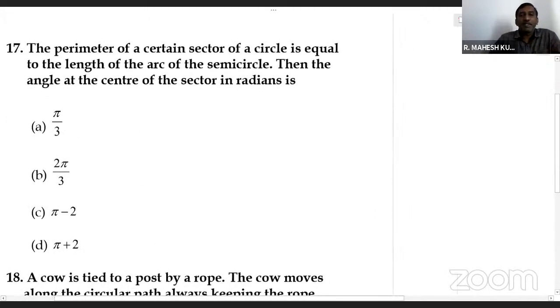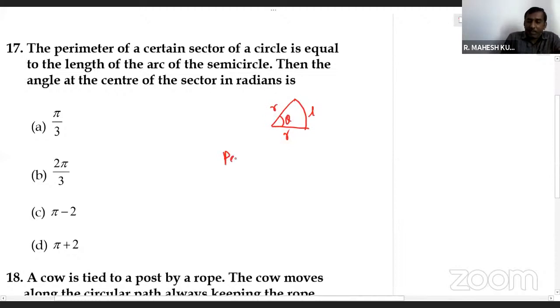The perimeter of a certain sector of a circle is equal to the length of the arc of the semicircle. Then the angle at the center of the sector in radian is? If you take the sector of a circle, this is going to be L, R, and R, if this is theta.